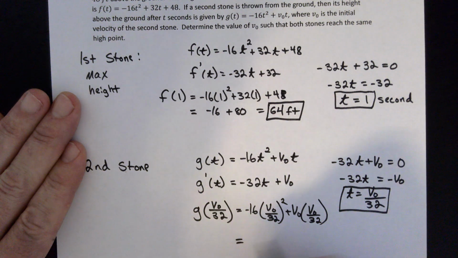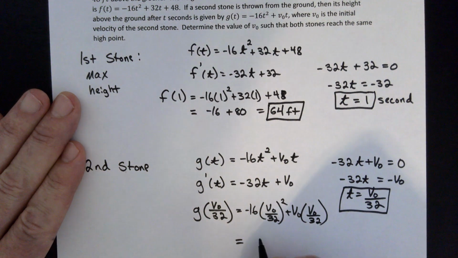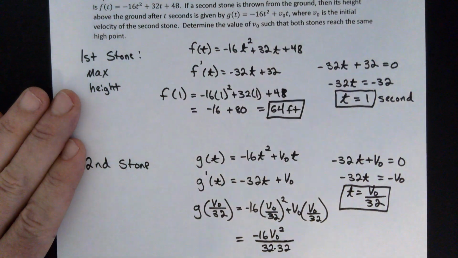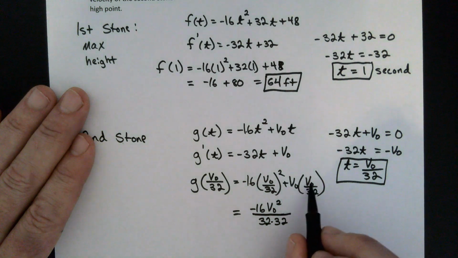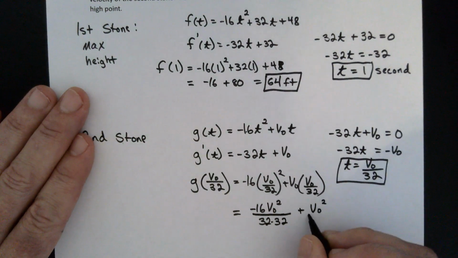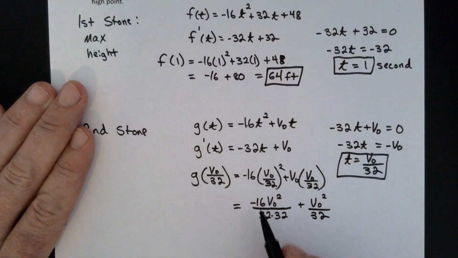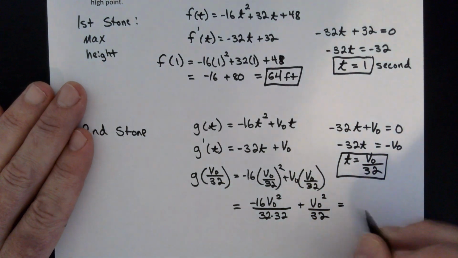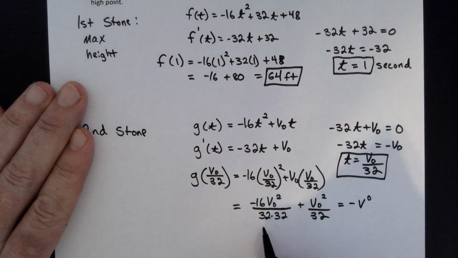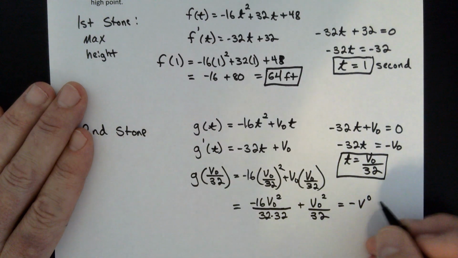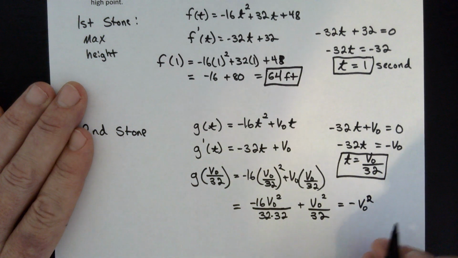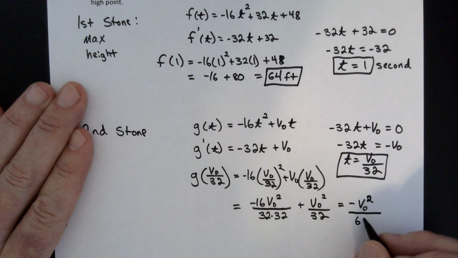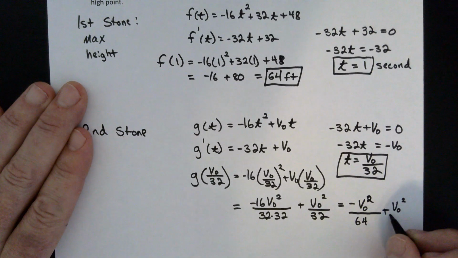Let's clean that up: negative 16 v naught squared over 32 times 32, plus v naught squared over 32. Reducing the 16 and the 32, the bottom becomes 64, so we get negative v naught squared over 64 plus v naught squared over 32.